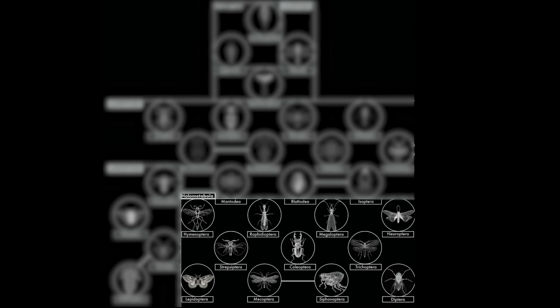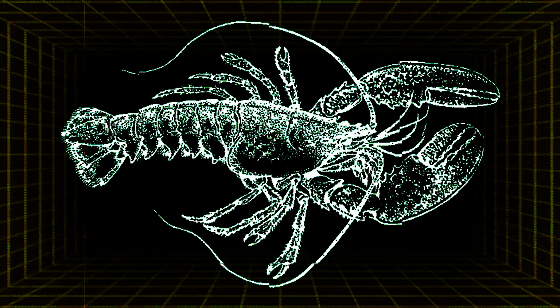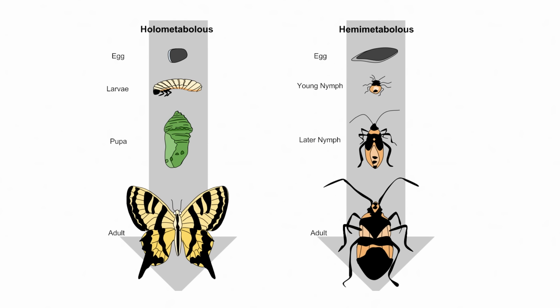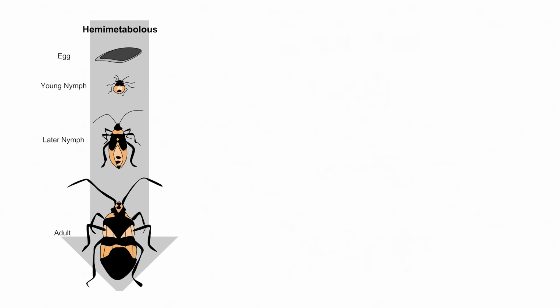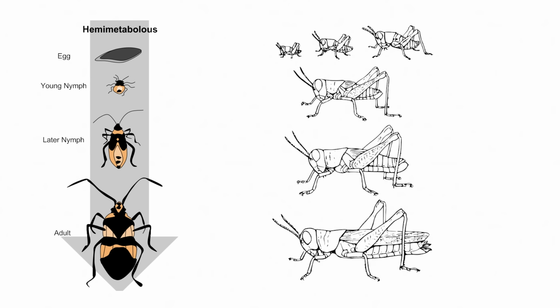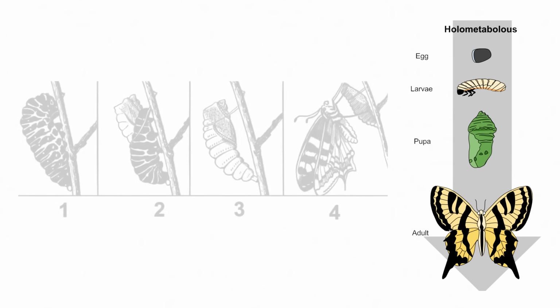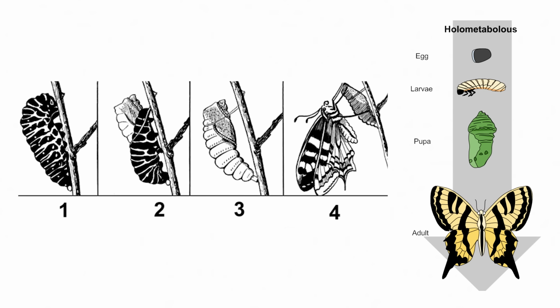And let me explain the difference between these two metamorphosis methods before I explain their implications for flight. Basically, the difference is what the young insect looks like, that is the baby or nymph or larva. In incomplete metamorphosis, the baby just looks like a younger version of the adult, whereas with complete metamorphosis, the baby looks like a larva or grub or caterpillar, and the adult can look completely different.